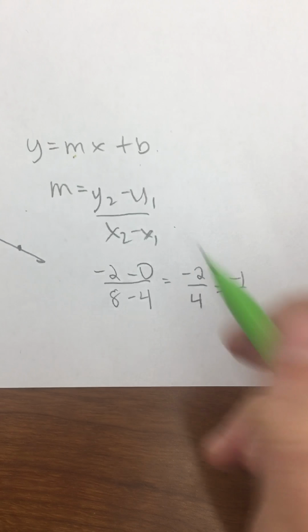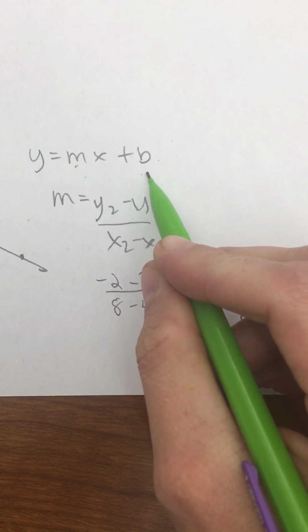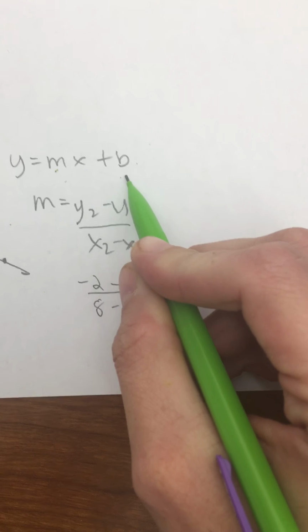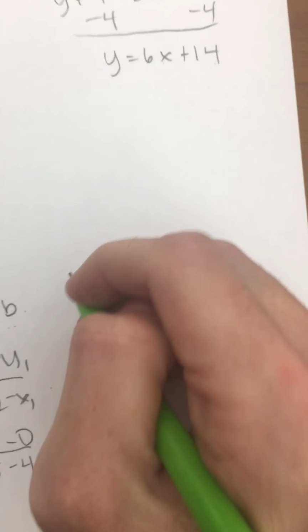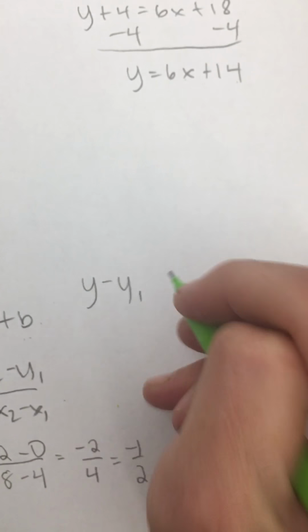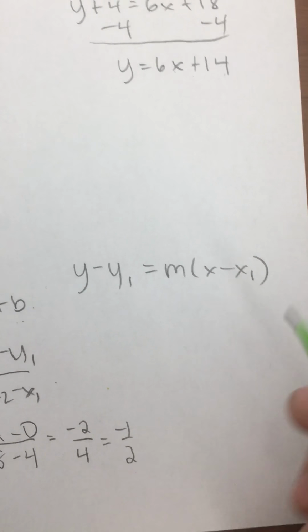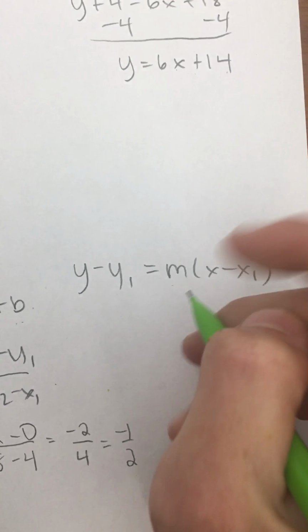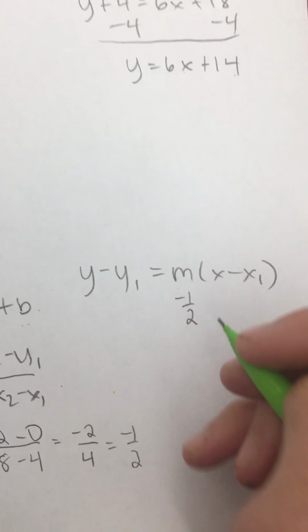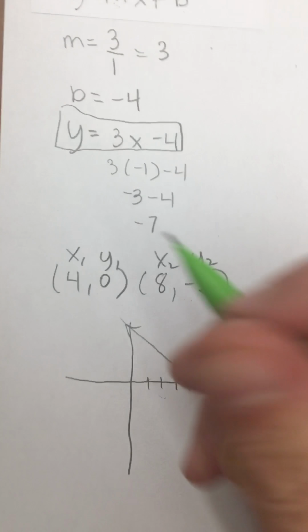Now I have my m, I need to derive my b. How do I do that? Point slope. So we got y minus y1 equals m times x minus x1. I'm going to substitute in my slope, which is -1/2, and I'm going to go back to my problem.